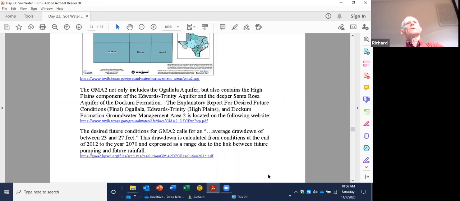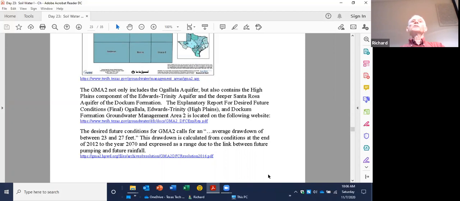So what they want to do is control the desired future conditions. They want in 2070 to have anywhere from 23 to 27 fewer feet of water in the Ogallala Aquifer than they had in 2012.